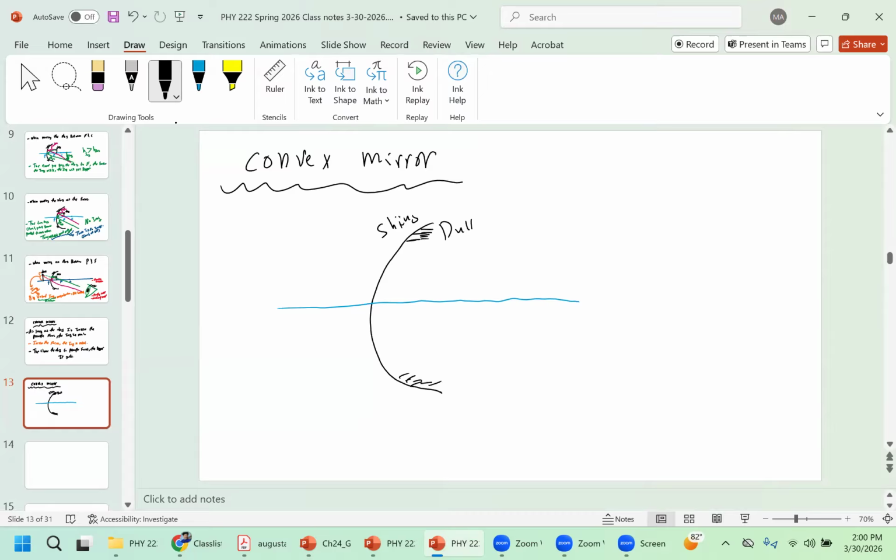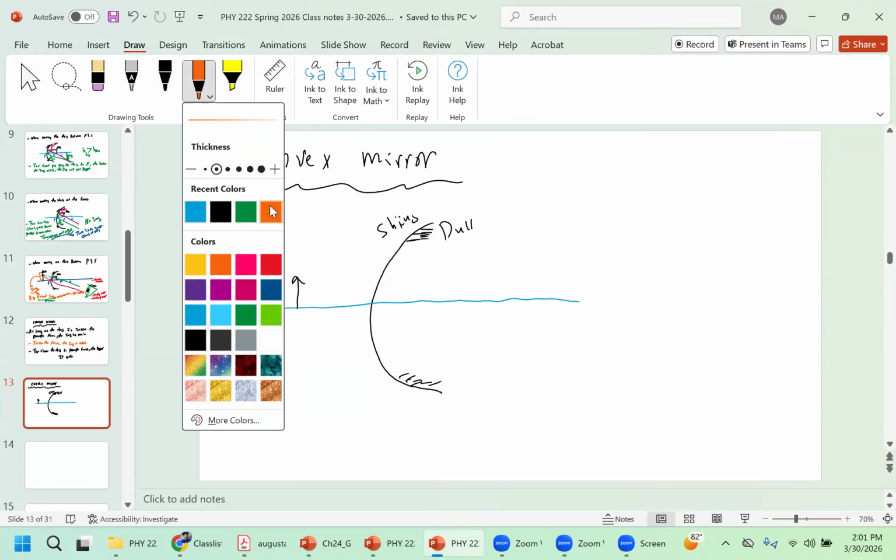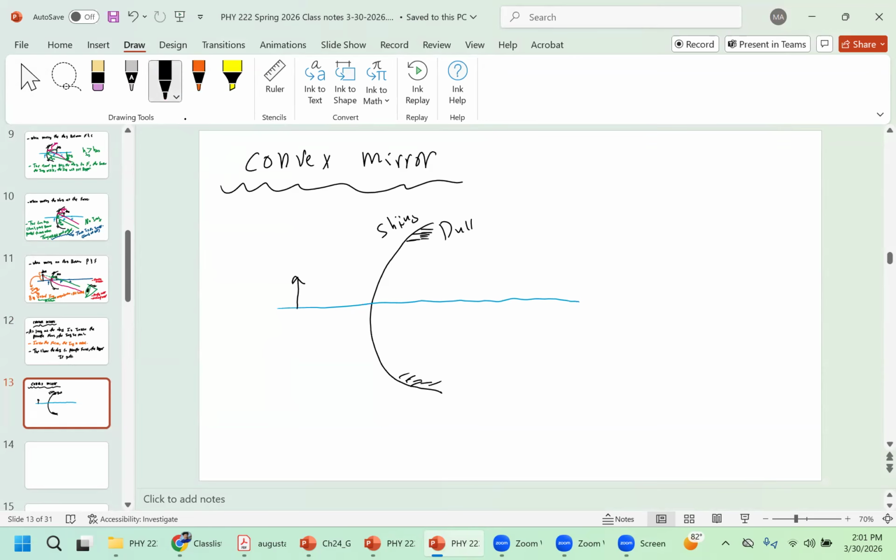And because of the shiny, your object will be outside the shiny area. And in this case, again, you have two of them, right? You get a ray. This is your object. You get a ray going in, which again, according to the principal axis, because it's moving, it reflects at a certain angle.